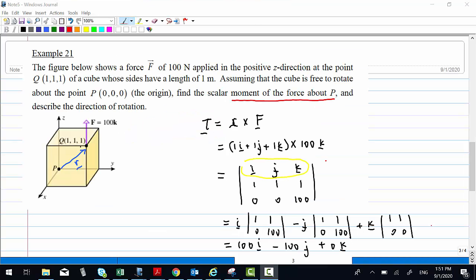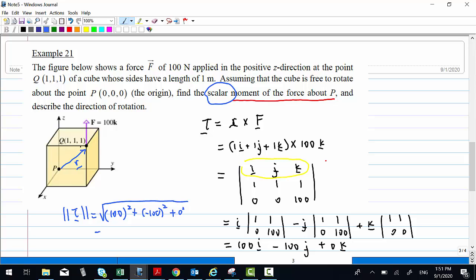Then, what about the scalar moment of the force about P? This is actually the magnitude of the torque here, which is equal to the square root of 100 squared plus minus 100 squared plus 0 squared.